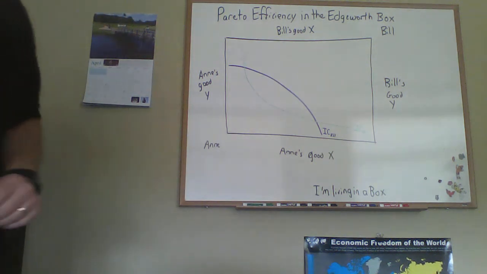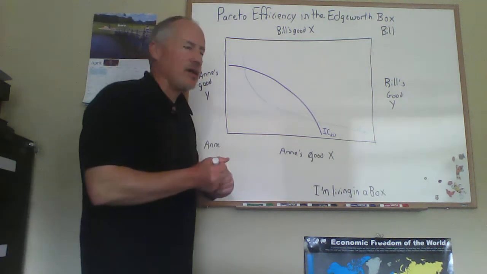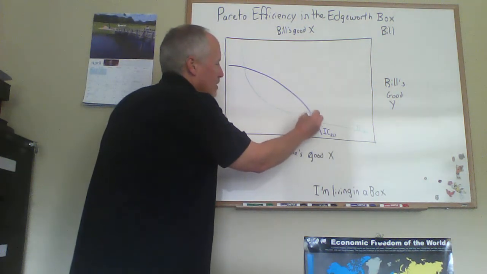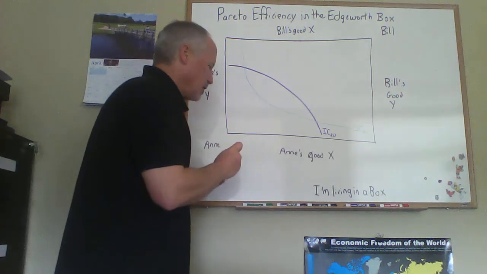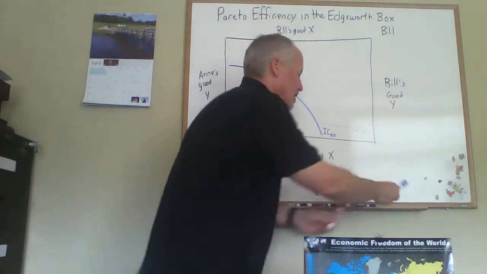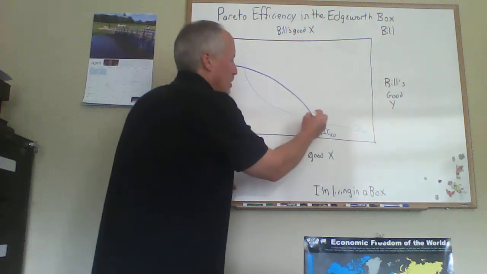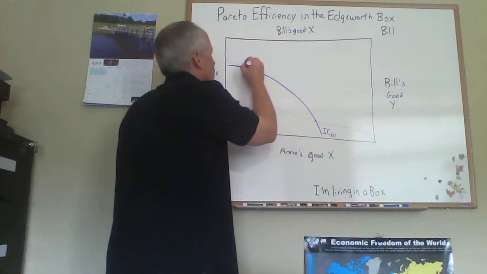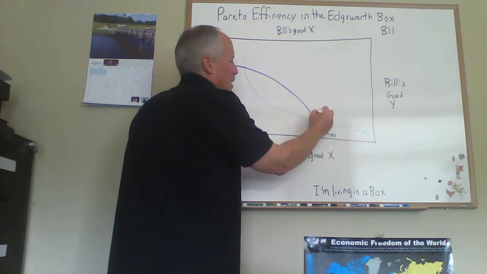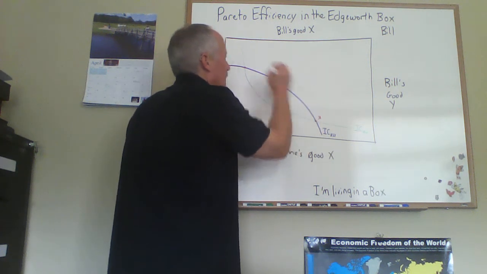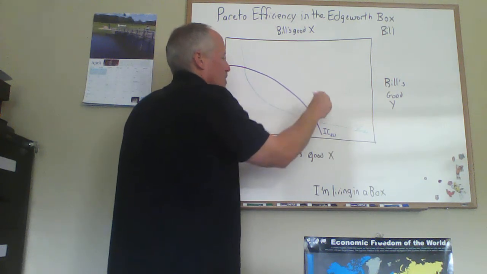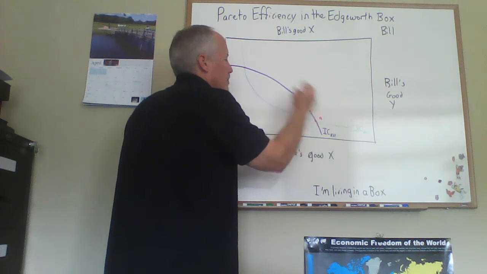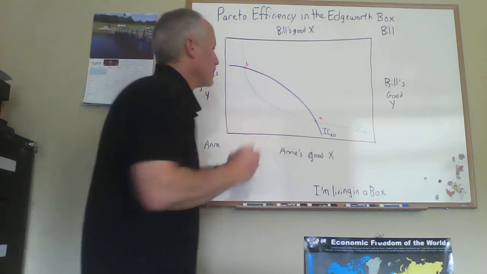And what we'll do is look at these points where these indifference curves are intersecting. So here's one point. Here's another point. Let's call this point a, and this little b here.